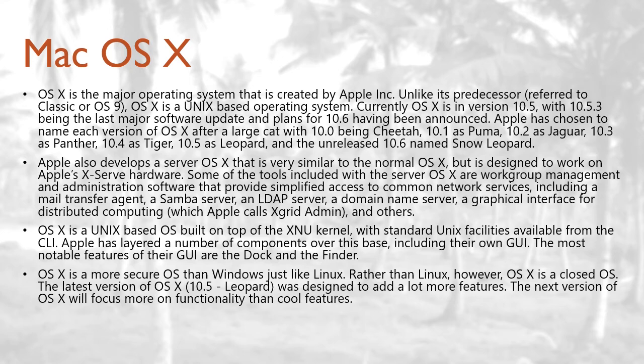Apple has chosen to name the versions of OS X after large cats, with 10.0 being Cheetah, 10.1 Puma, 10.2 Jaguar, 10.3 Panther, 10.4 Tiger, 10.5 Leopard, and the unreleased 10.6 named Snow Leopard.